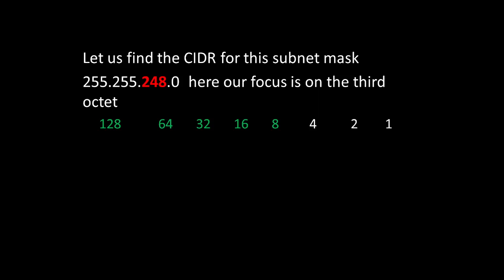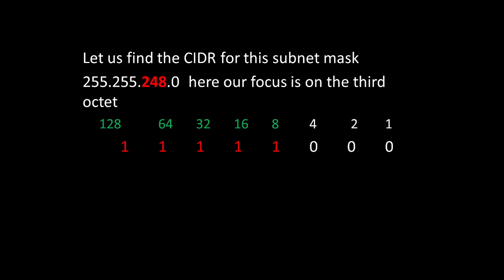To help us, we will go back to our chart. Focusing on the third octet, let's write that octet, convert it into binary and see what we get. The 248 in binary is 11111000.